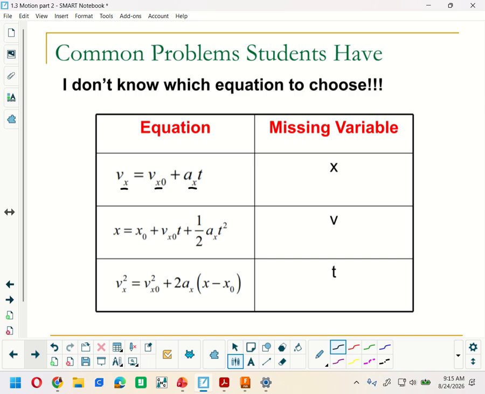Right here, it says velocity of x and initial velocity of x, my acceleration of x. What direction are we going? All these are going in which direction? Right and left, because it is horizontal. It is along the x-axis. So this is going left and right. That's what this is actually meaning.